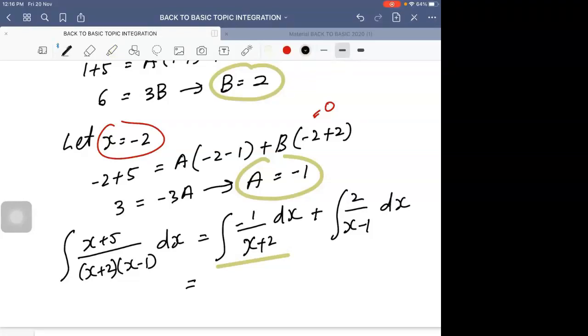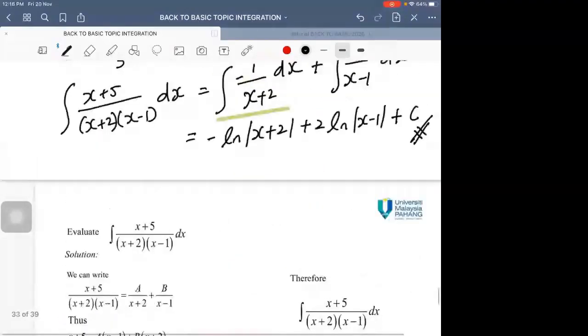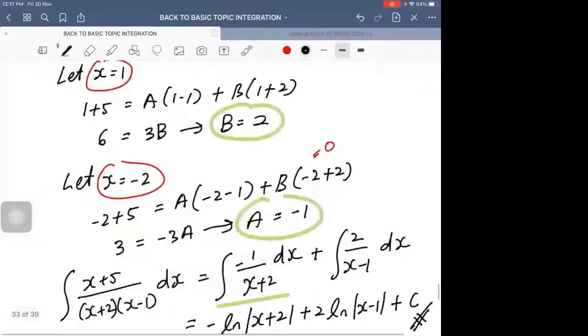So you should get negative ln absolute x plus 2, and then plus 2 ln absolute x minus 1, and then don't forget plus c, because this is an indefinite integral. So this is our solution. I ada bagi juga dalam slide tu. So this should be your solution.